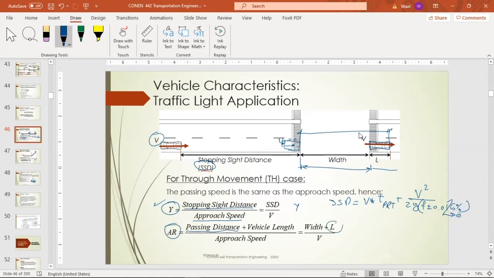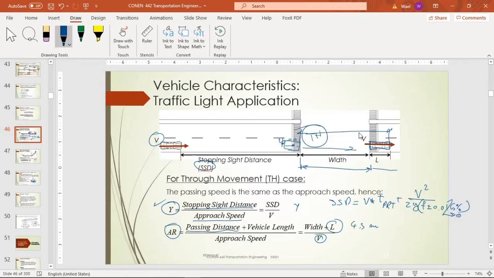One vehicle length is typically 4.5 meters. And V is the crossing speed. So that's for vehicles that are moving through. This is for through movement.